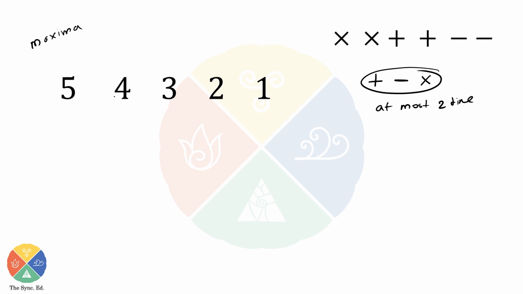Even if you don't use them to fill any of the gaps, it's totally fine. But if you are using them, maximum 2 times, find the maximum possible value. No limitations, it can be positive, negative, anything. The only condition is to find the maximum value such that we are using addition, subtraction and multiplication at most twice. Go on.